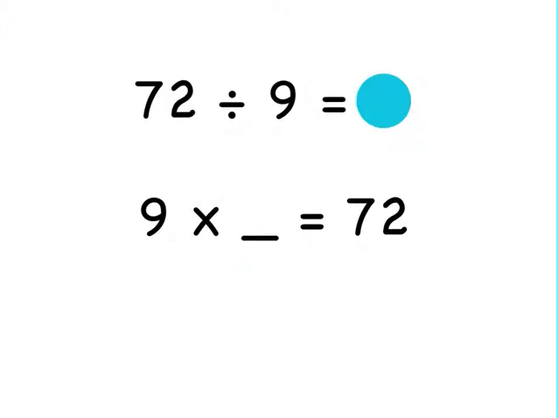Oh, I bet you all said 8. I bet you said it faster than I did this time. 9 times 8 equals 72. So 72 divided by 9 equals 8.